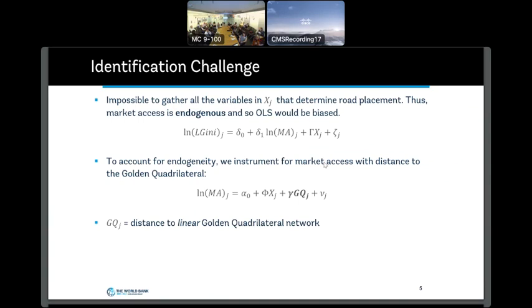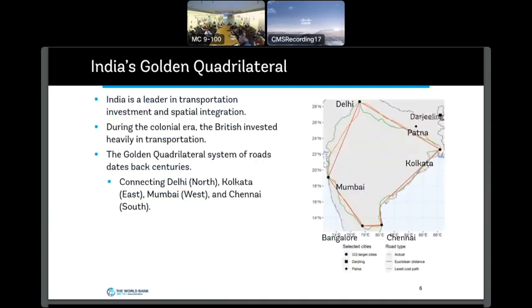So one of the methods that we embark on to address this endogeneity is to look towards the Golden Quadrilateral, which is a series of highways in India. India, as I mentioned, is a leader in transportation investment.